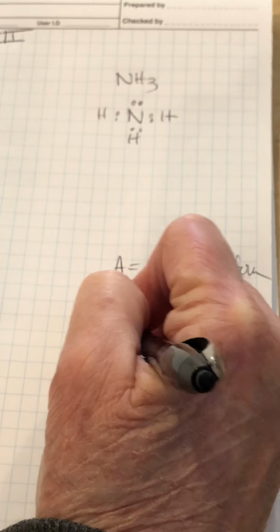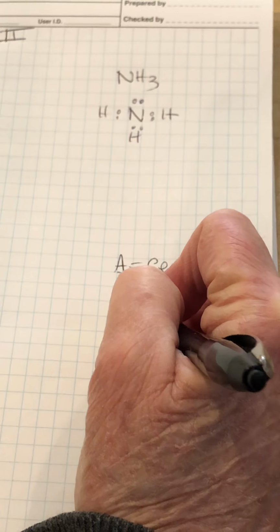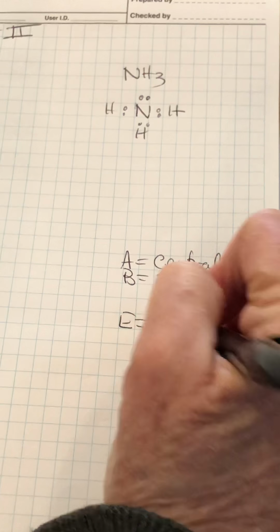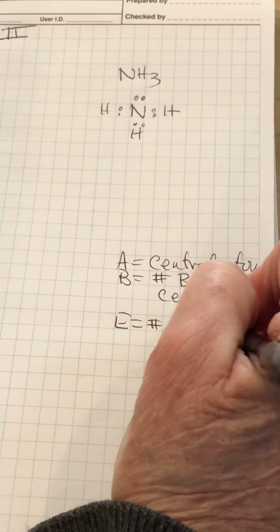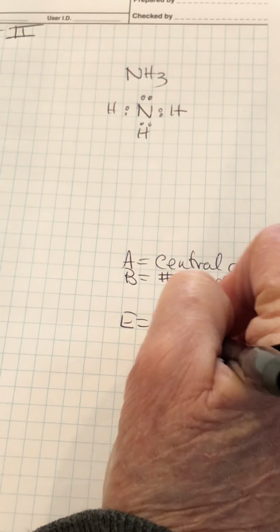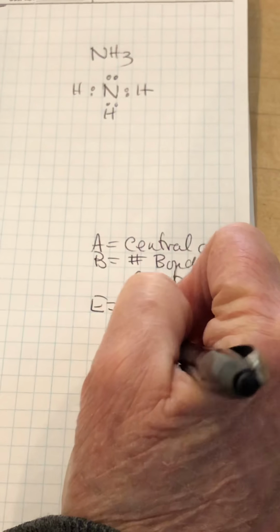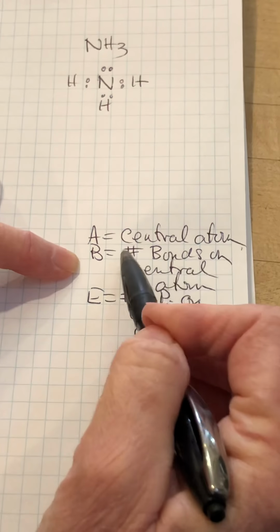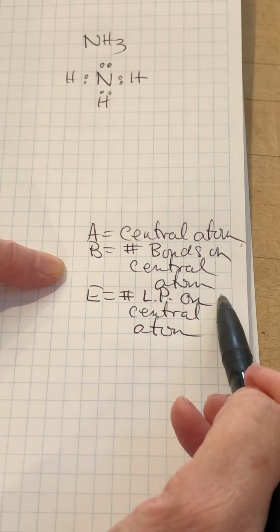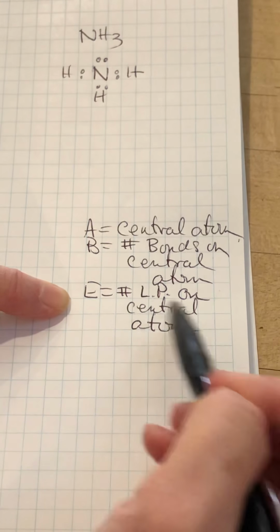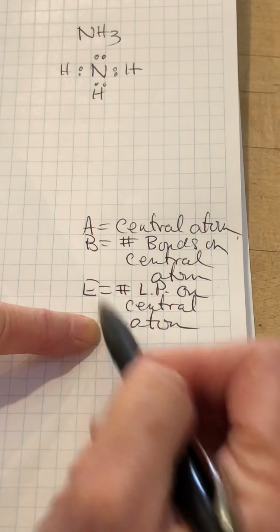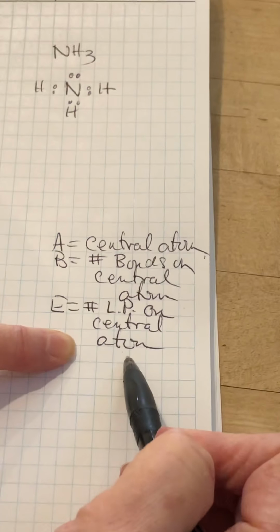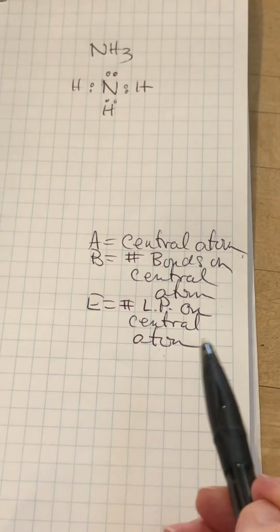And E is the number of lone pairs on the central atom. Sorry, that was rushed. A is the central atom, B the number of bonds on the central atom, E the number of lone pairs on the central atom. It's not the total number of lone pairs in the entire molecule.